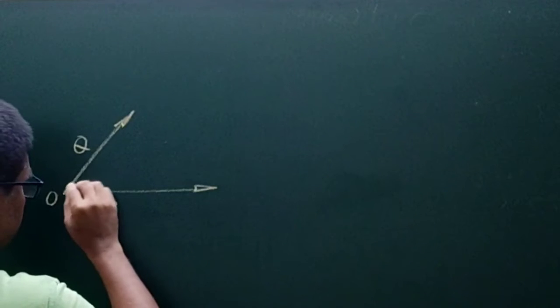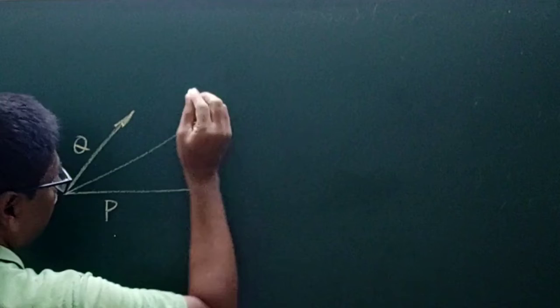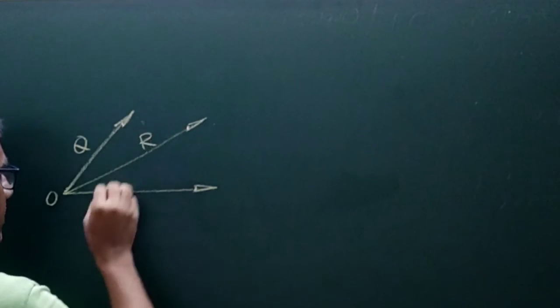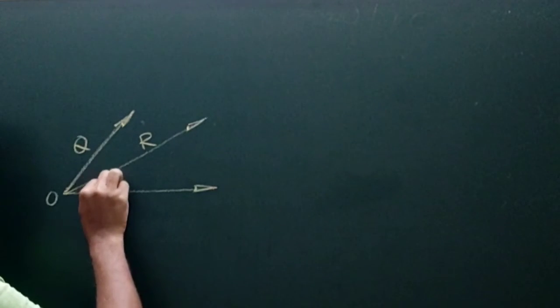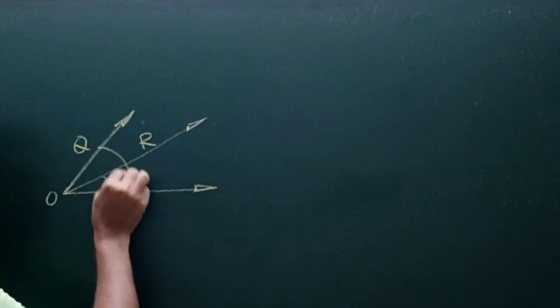Now their resultant will be represented by diagonal of a parallelogram. See, this is the resultant. The angle of resultant is say alpha, and angle between two forces is say theta.